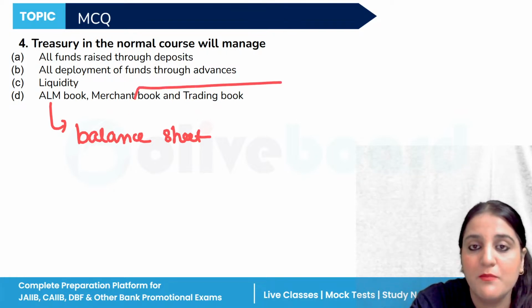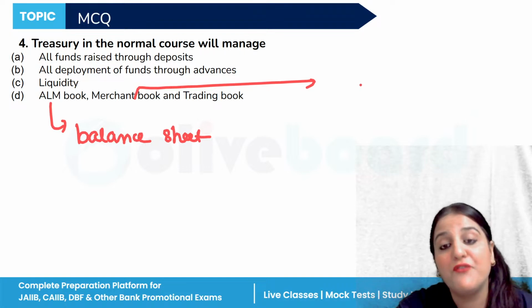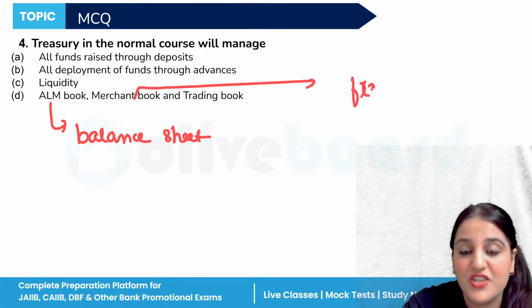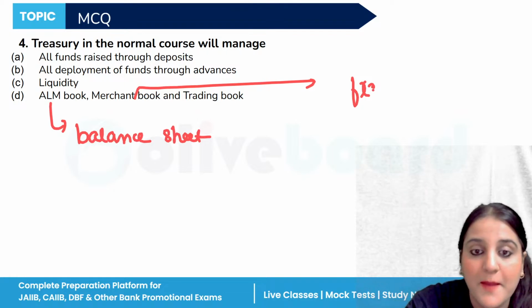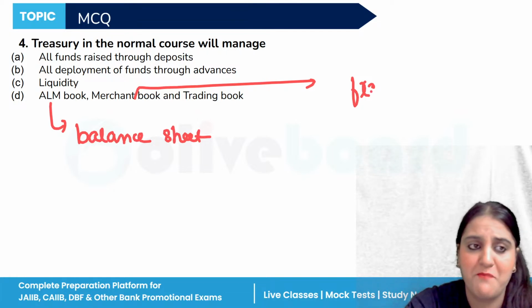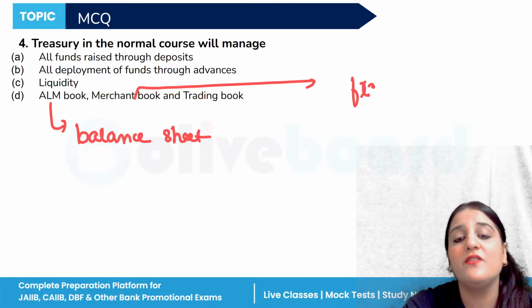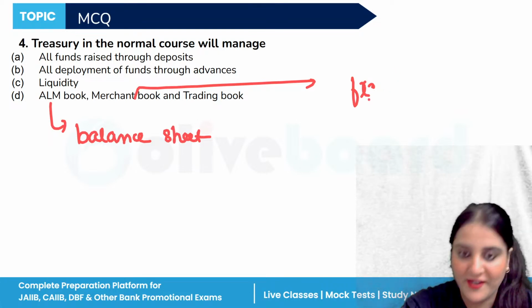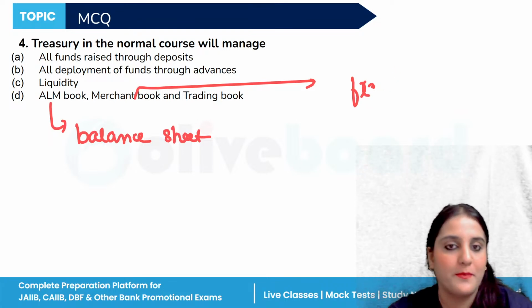Then this merchant book refers to the treasury's role in handling foreign exchange and money market transactions for the bank's customers, particularly related to trade finance, forex services, and other corporate needs.